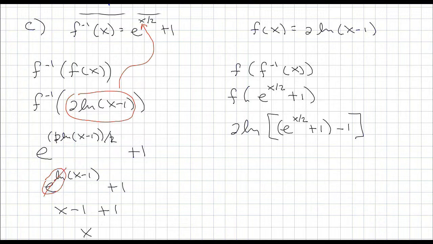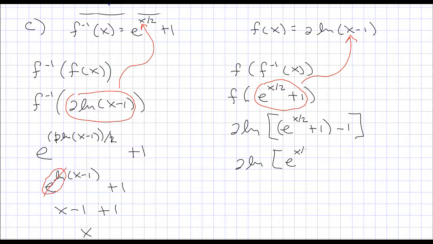I took this thing and plugged it in for x. Now I have 2 ln. In here I can drop the parentheses, so it's just e to the x over 2 plus 1 minus 1. The 1's will cancel, leaving e to the x over 2.